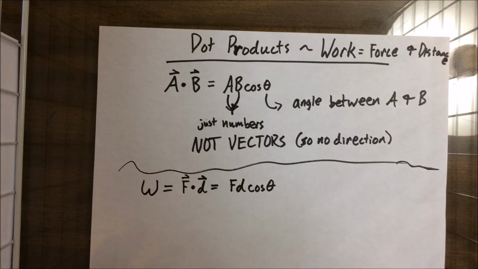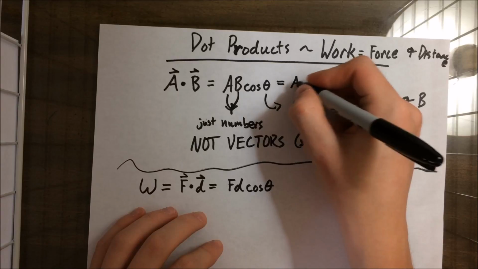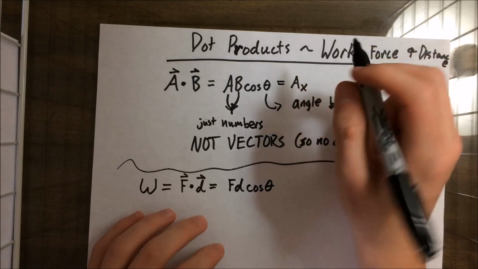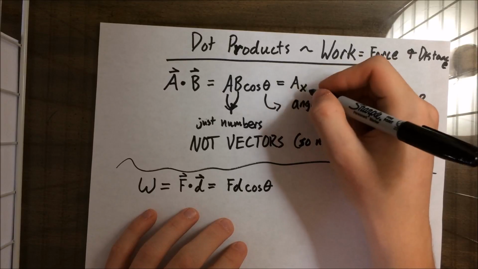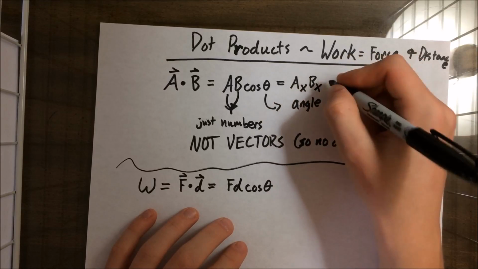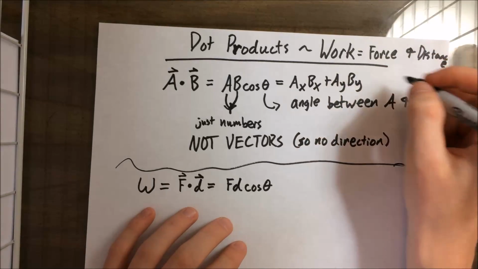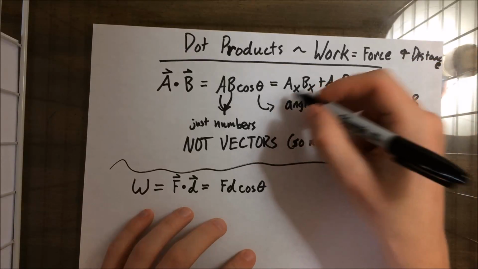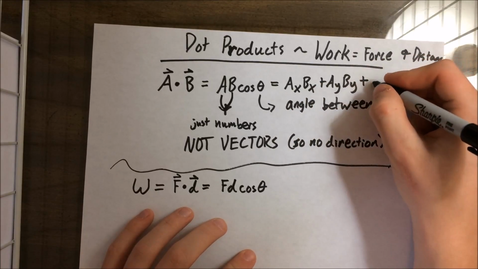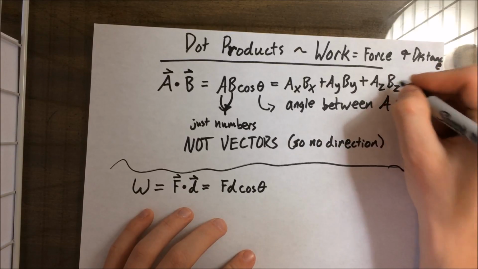Okay, so dot products can also be written in another way. They can be written in terms of direction. So A sub x, B sub x, plus A sub y, B sub y. And then if you're also dealing with the z direction, then it would also be plus A sub z, B sub z.